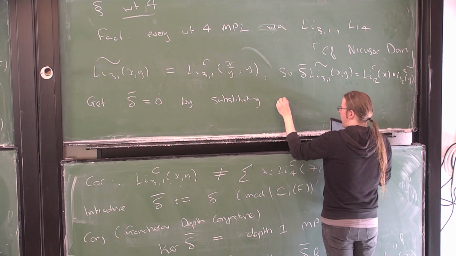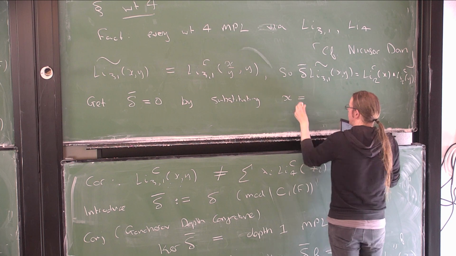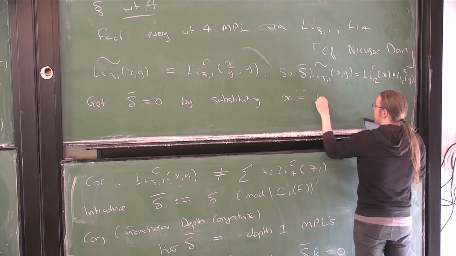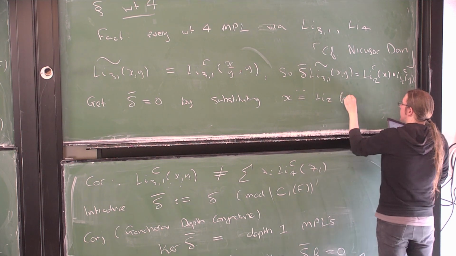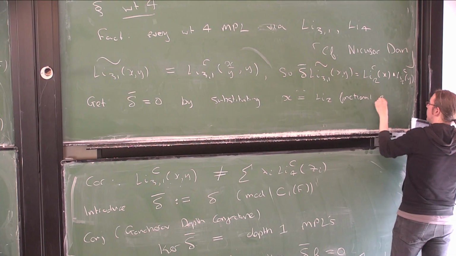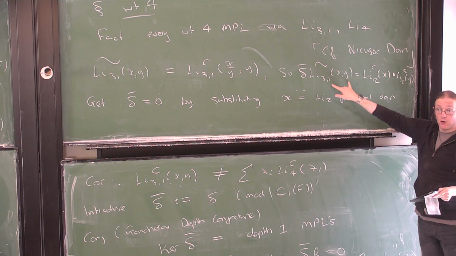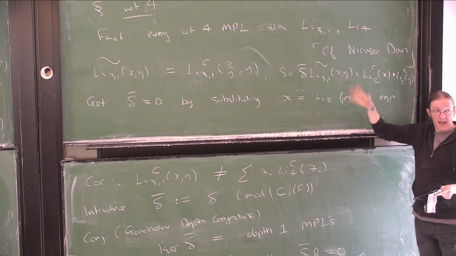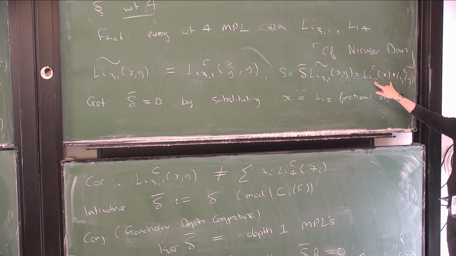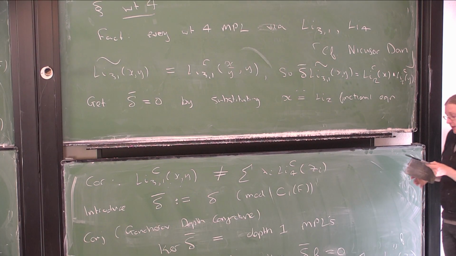So the co-bracket will vanish if you substitute x to be a Lie 2 functional equation. You take a combination of Lie 3-1s of x, y, where the x's form a dilog identity, and then that will just vanish naturally.